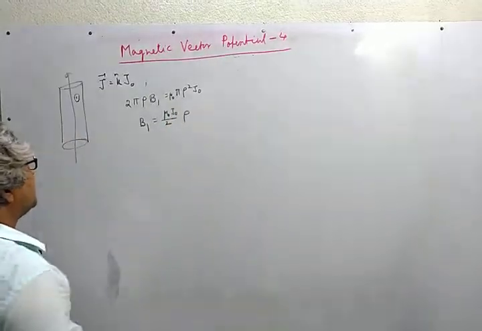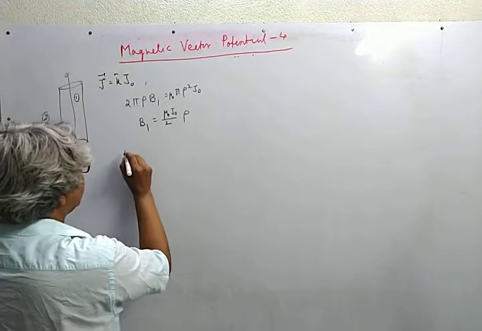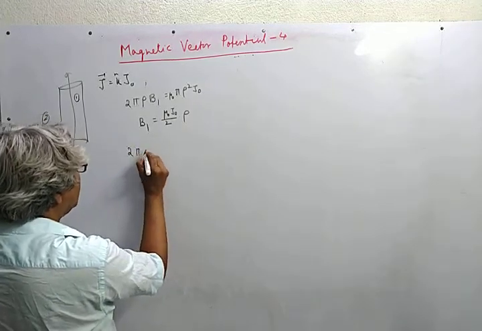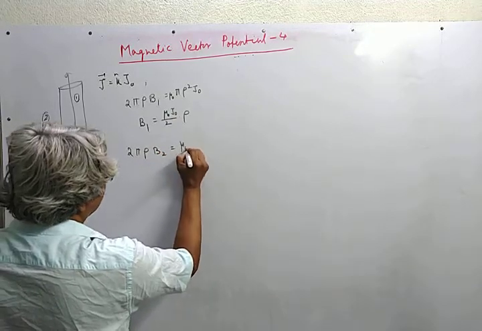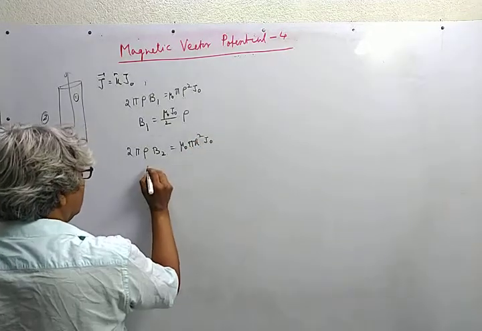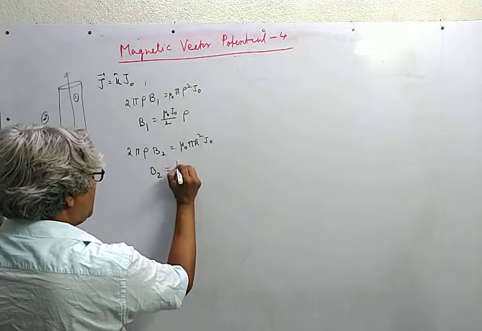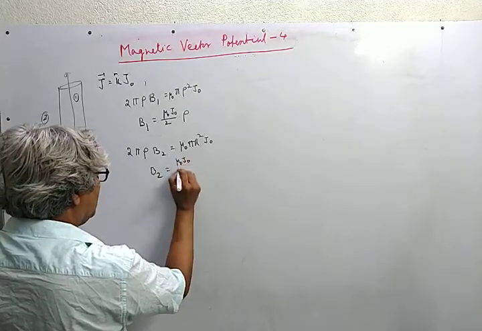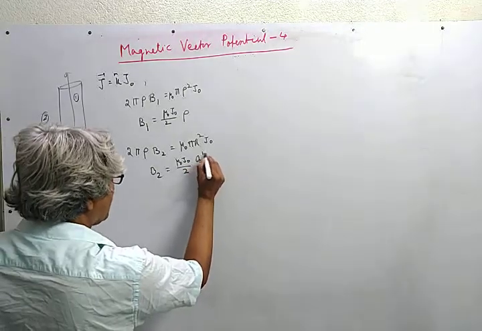And for an external point, 2 pi rho B2 is equal to mu 0 pi A square J0, or B2 is equal to mu 0 J0 by 2 times A square by rho.